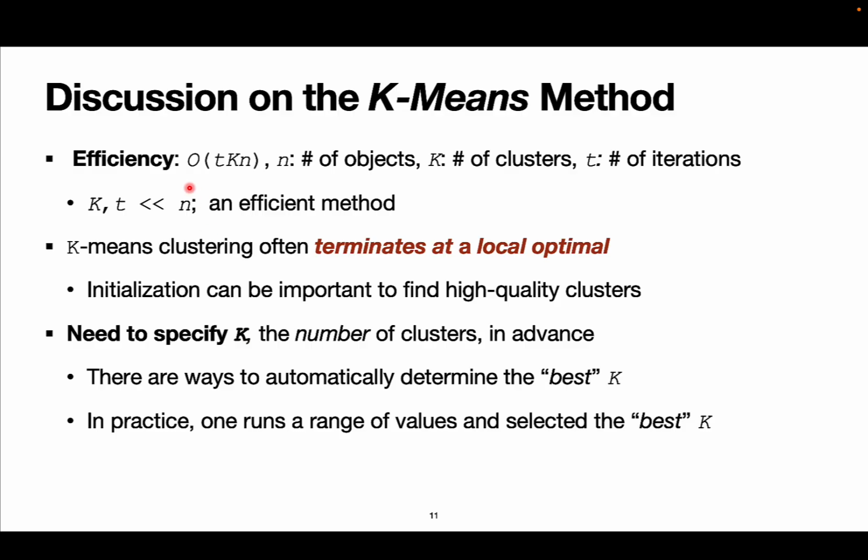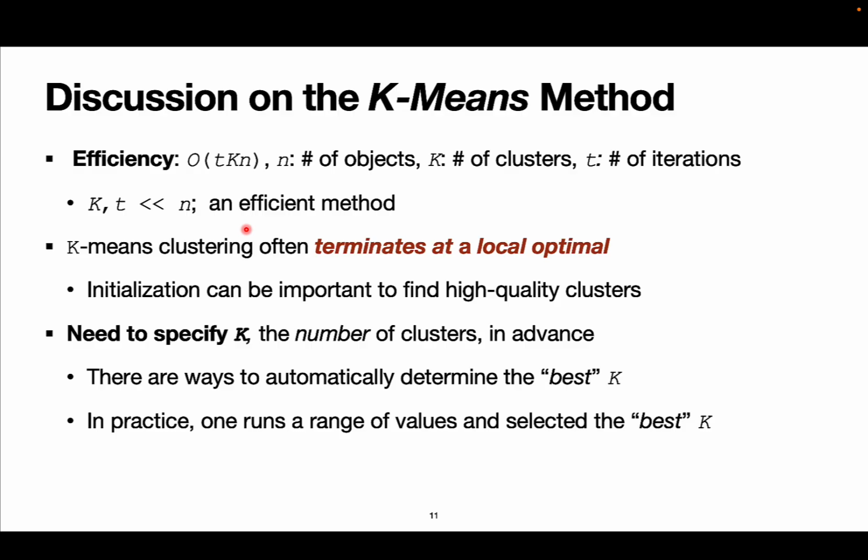The runtime complexity of k-means is big O of t k n, where n is the number of objects, k the number of clusters, t the number of iterations. Usually both k and t are much smaller than n, so overall this is a reasonably efficient algorithm.